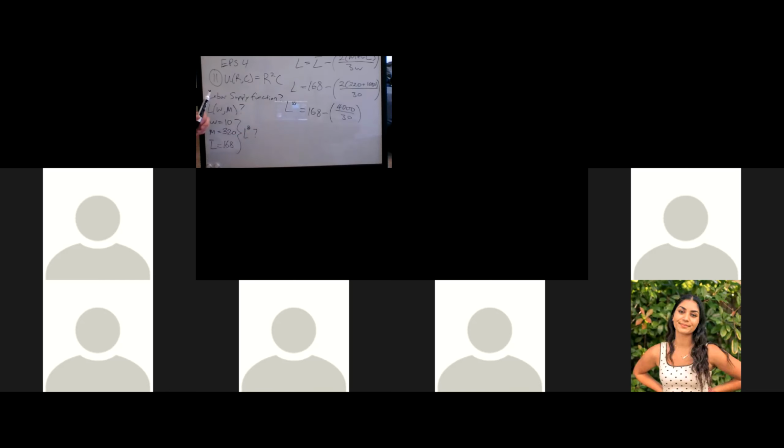All right, so I'm going to erase this problem and we'll move on to some different material. Let's see if there's anything else on this problem set. I don't think so. I think we can move on to problem set 5.